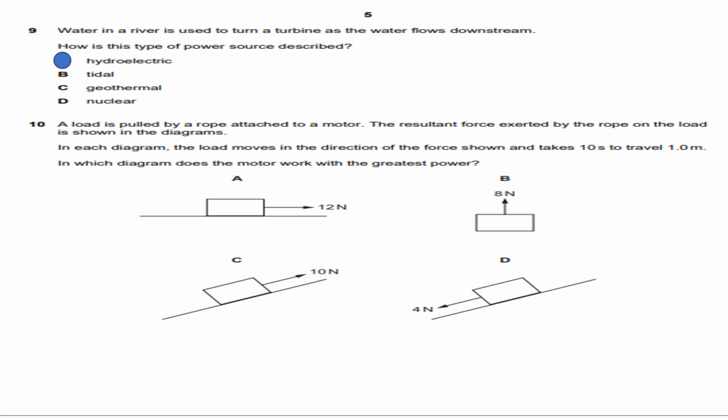So here the larger resultant force: 8 Newton, 4 Newton, 10 Newton, 12 Newton. So the work done, or power, involves force and other quantities are constant. So here greatest force 12 Newton. A is the correct answer.